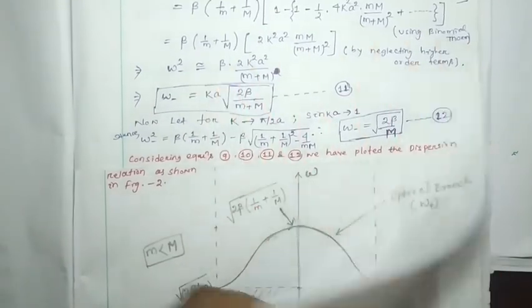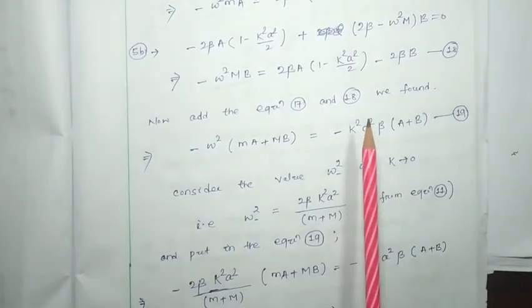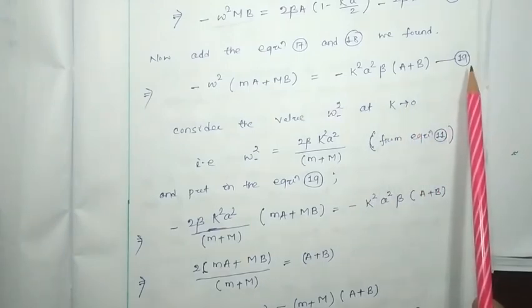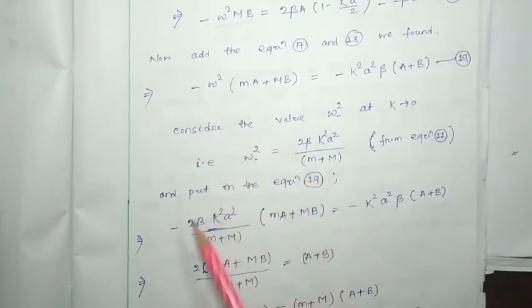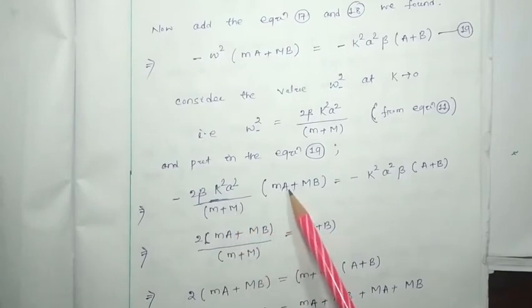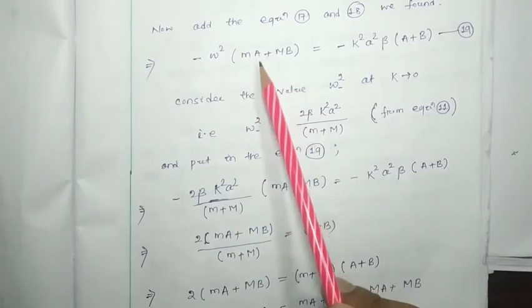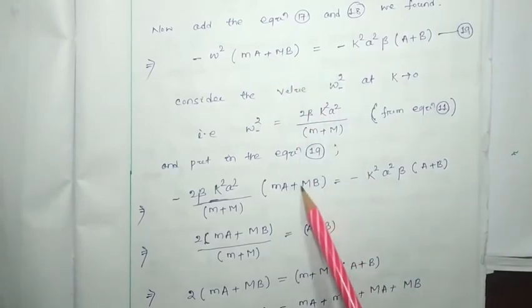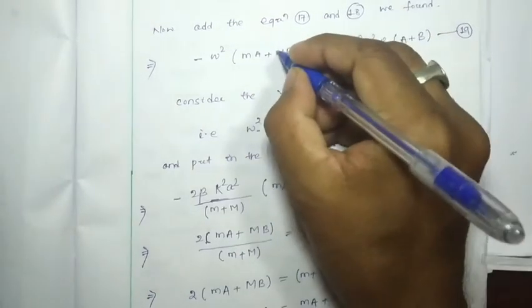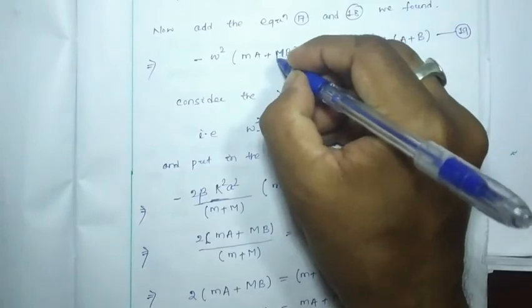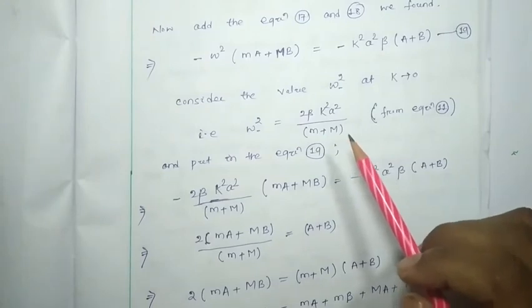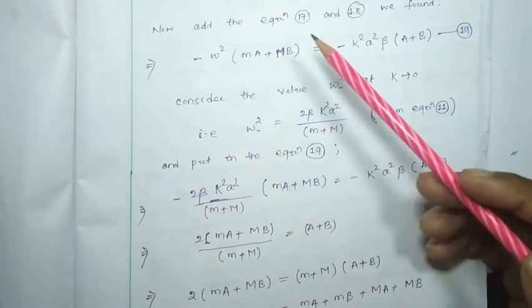Now this value I am going to put here in equation number 19. So what will be the value? It will be −2βK²a² by (m + M) into (ma + mb), where ma plus mb is equal to capital M. Carefully you have to write the small m and capital M. It can be a mistake for you, because you may unconsciously write the small m as capital and vice versa.